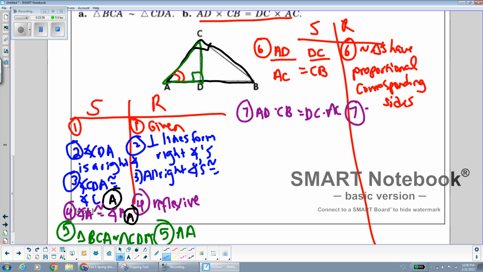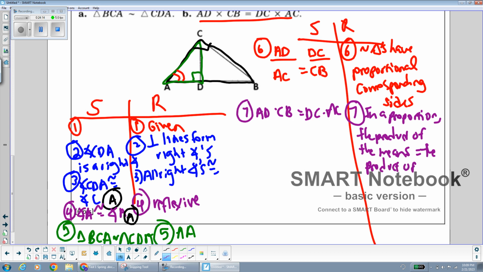And it's the same reason every time. In a proportion, the product of the means equals the product of the extremes.